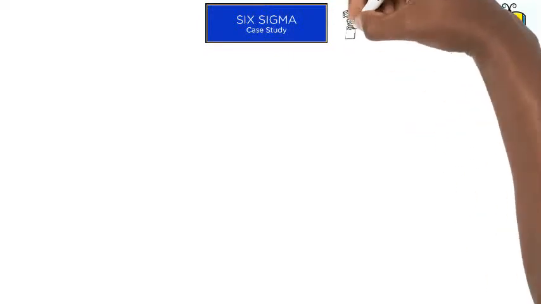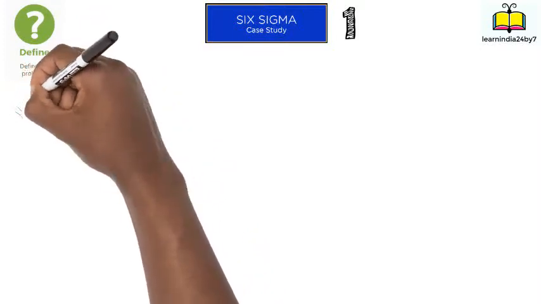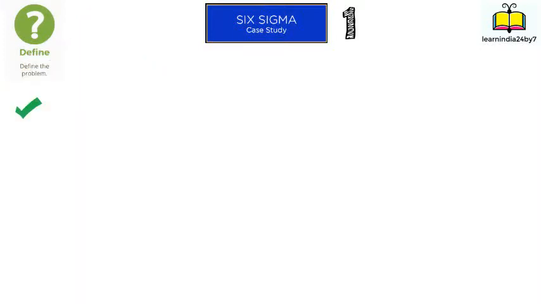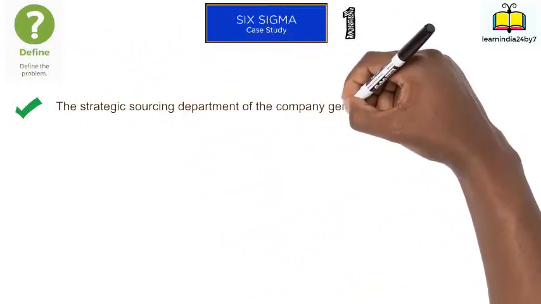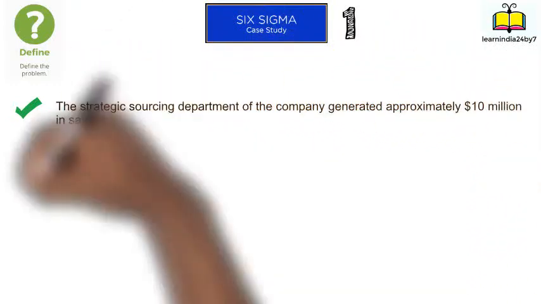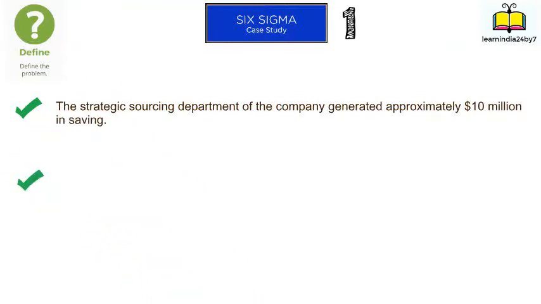So friends, let's understand the brief background of the project before proceeding further. The strategic sourcing department of the company has generated $10 million in savings.